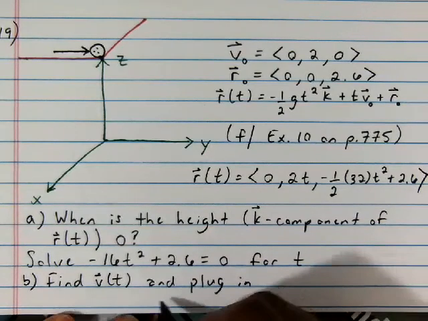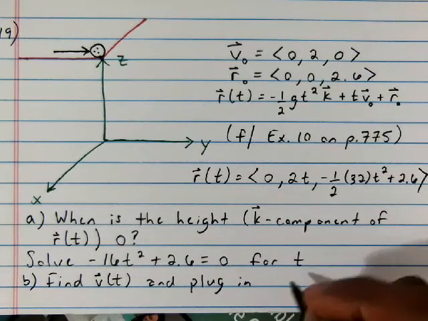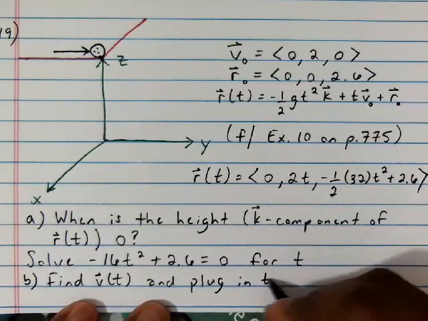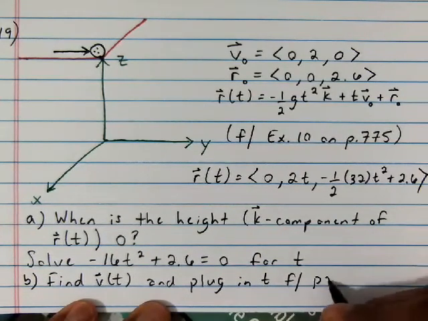You're going to find v of t, and then you can plug in the t at that point and then take the magnitude, or you can take the magnitude first and then plug in t, it doesn't matter. Plug in t from part A.